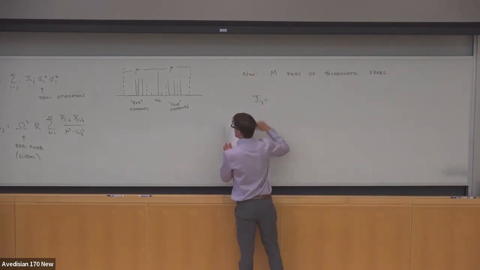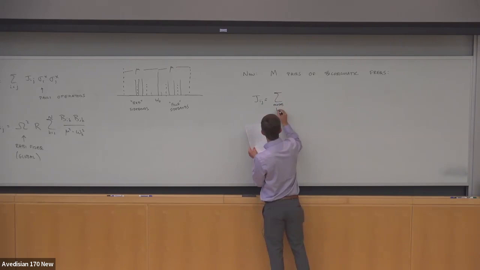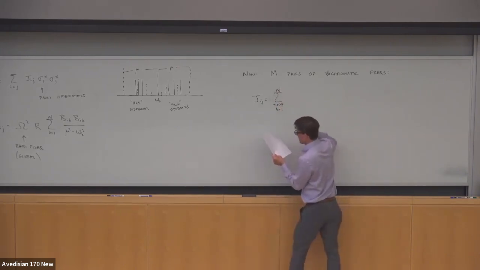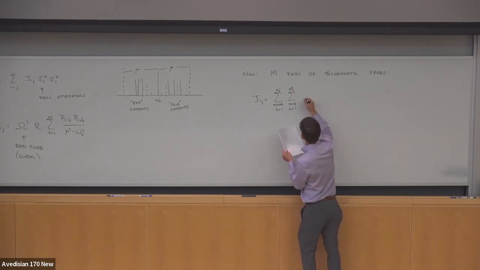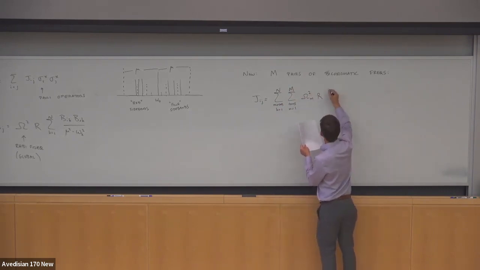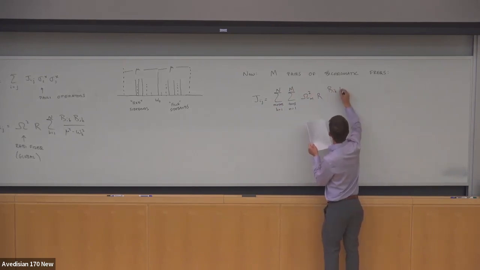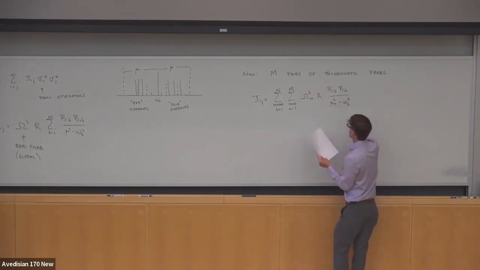And each of them, we're going to give them their own frequency and amplitude, so that our Jij is equal to sum over the modes, just like before, from k equals 1 to n. But now I want to also sum over the tones, m equals 1 to capital M, of omega m squared times the recoil times bjk over mu m squared minus omega k squared.